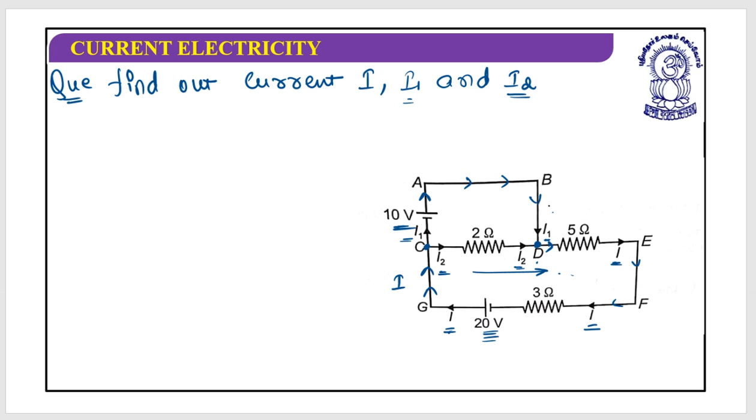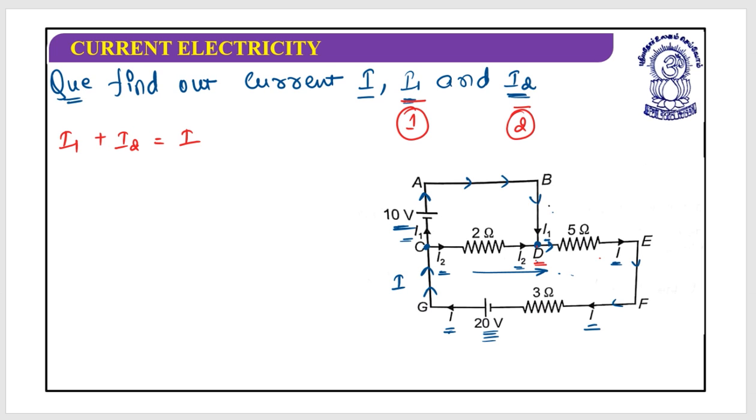Now one more thing, what do we require? We require I1 and I2, but how many unknowns are there? Basically what I can observe at point D is I1 is the incoming current, I2 is the incoming current, and that is equal to the outgoing current. So I1 plus I2 is equal to I. This is the first unknown and this is the second unknown.